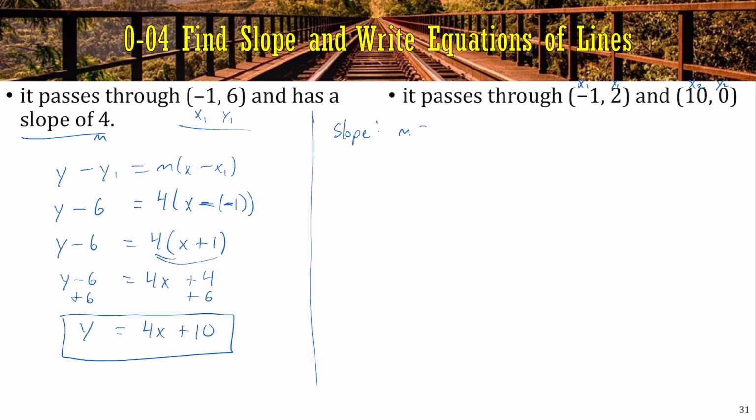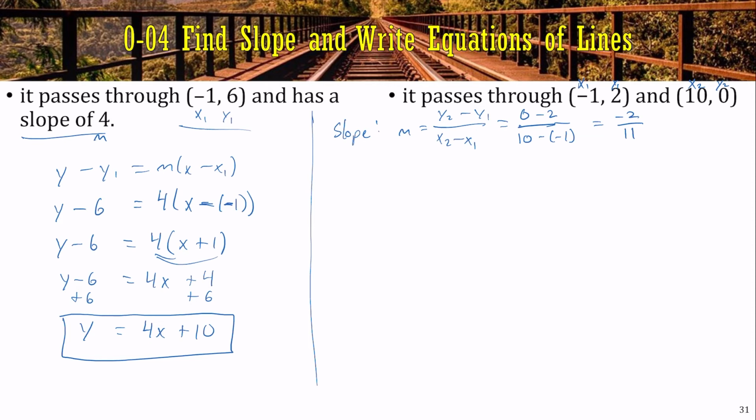All right, so m is y2 minus y1 over x2 minus x1. y2 is 0, y1 is 2, x2 is 10, x1 is -1. So it's -2 over 11. Oh, that's a great slope.